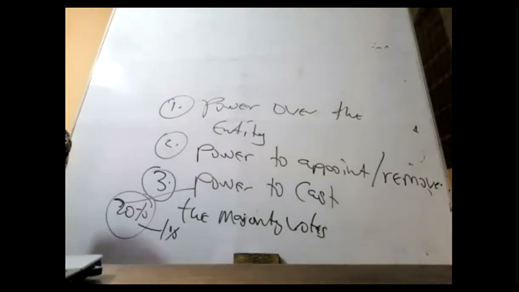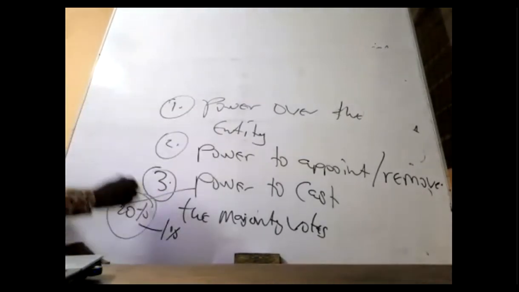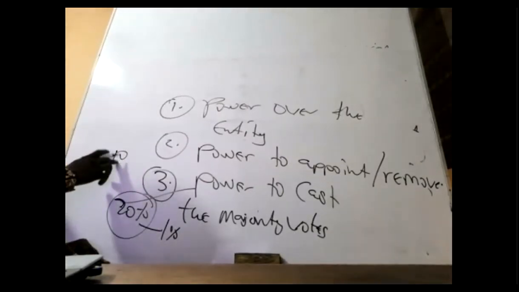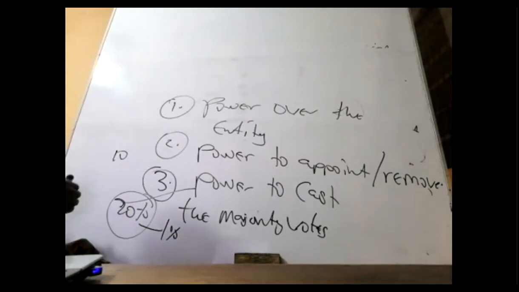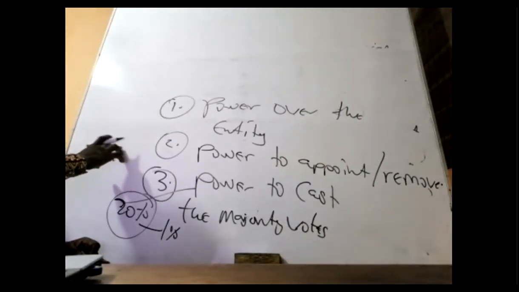Let's take point 4 again. It says power over more than half of the voting rights by virtue of an agreement. Let's say there are 11 people here.